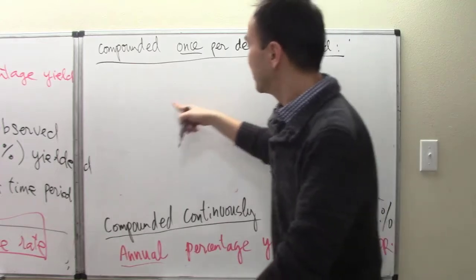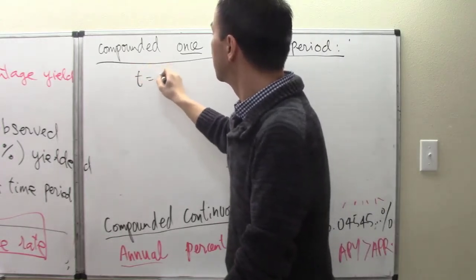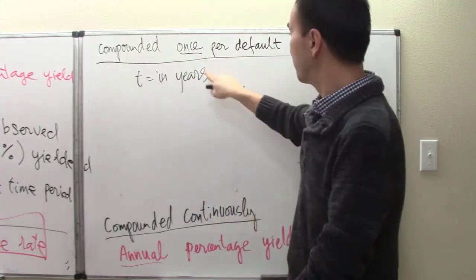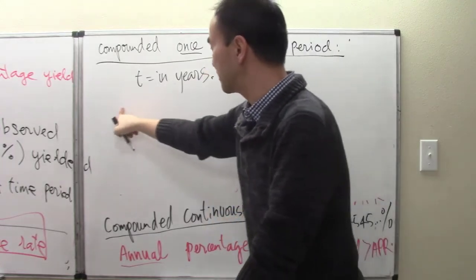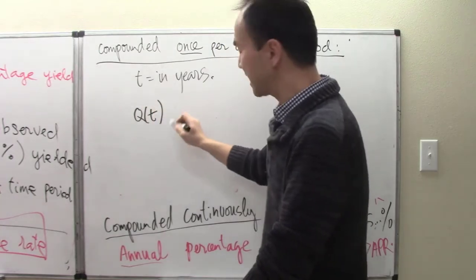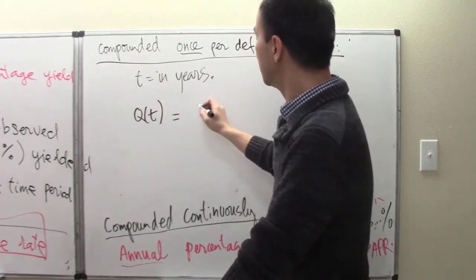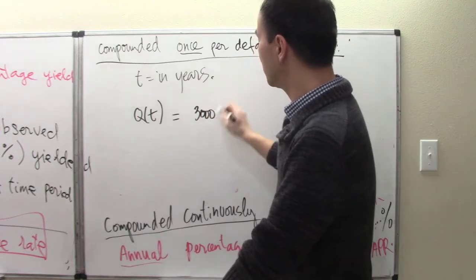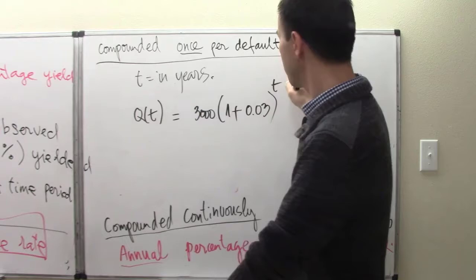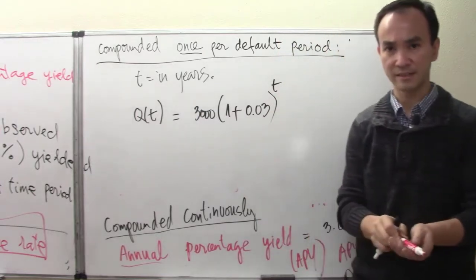And if that is, then t is in years. And so if we are doing it that way, then of course the formula that we set up, the exponential function, is 3,000 as initial amount times 1 plus 0.03 to the t. No one can argue about that.